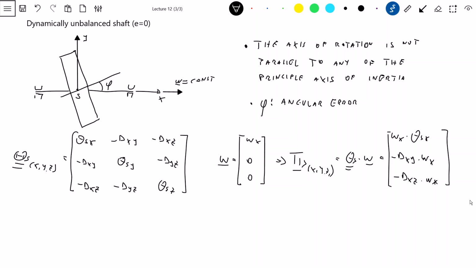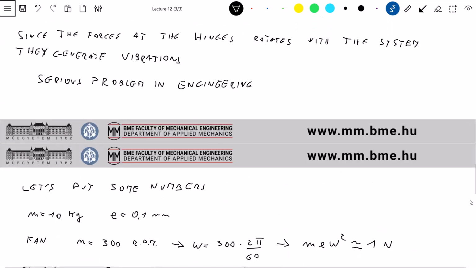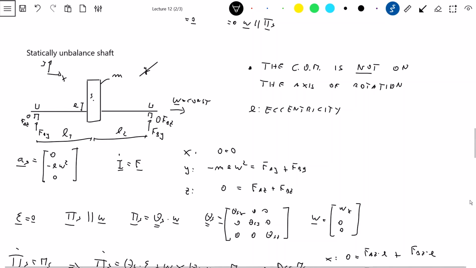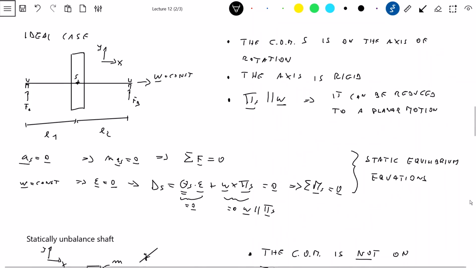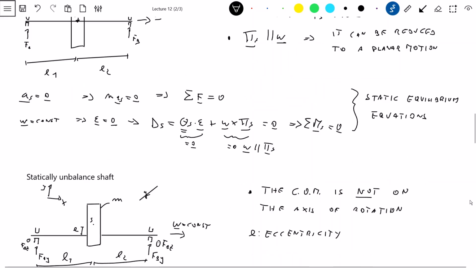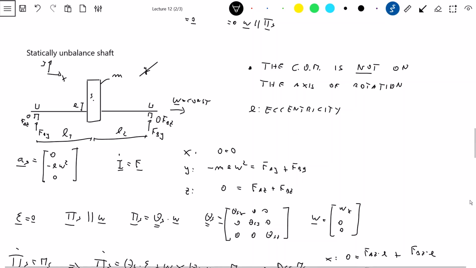Now you see that the fact that these terms are not zero in general makes omega not parallel with pi s, which is a property we had before in a simpler case. Even in the ideal case, omega is parallel to pi s, the angular momentum. And also in the statically unbalanced shaft, we still have omega parallel to the angular momentum.